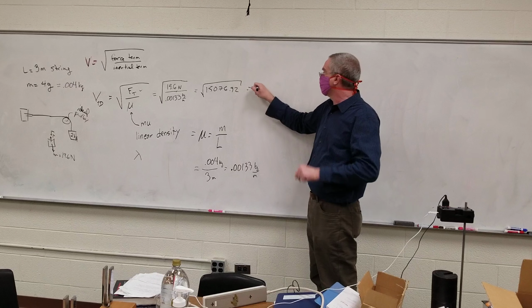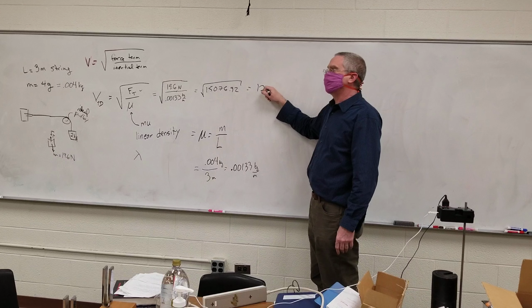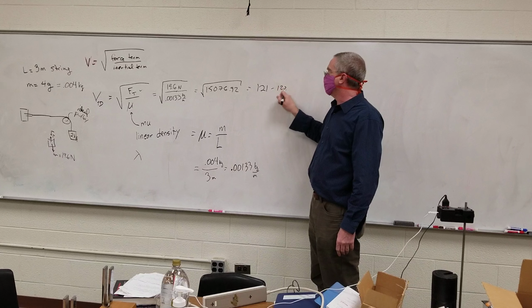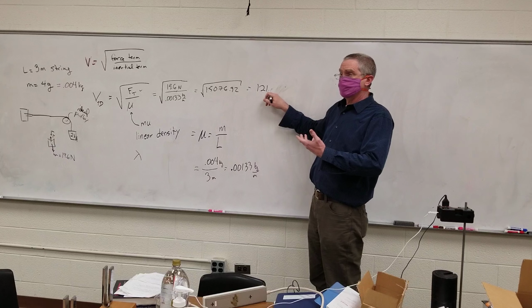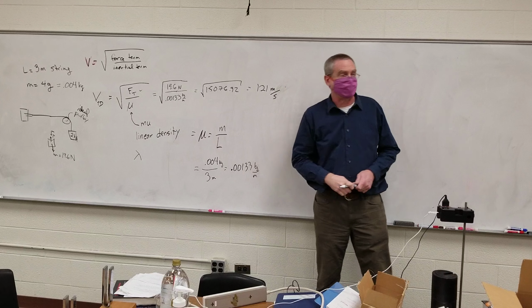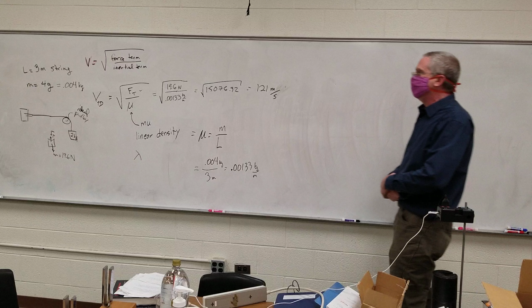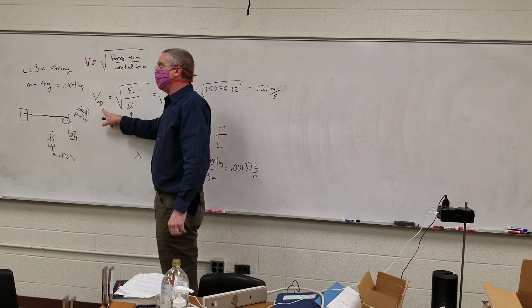I got 122.7, so somewhere in that range, 121 to 122. In units of meters per second. Is it squared or just meters per second? Just meters per second. And what is the V1D again? D stands for one-dimensional speed.